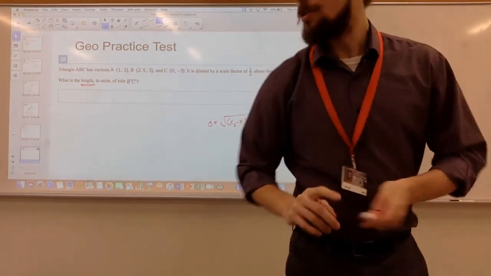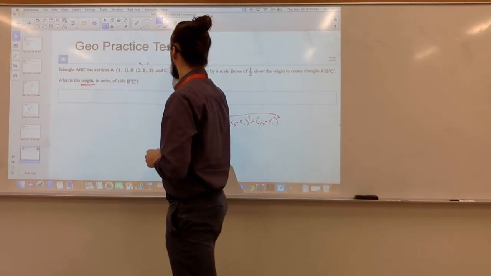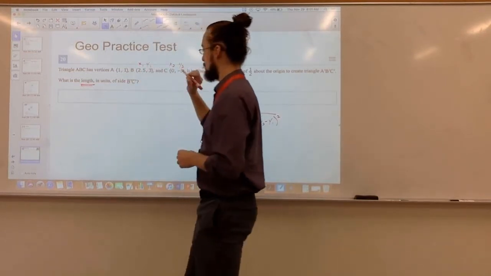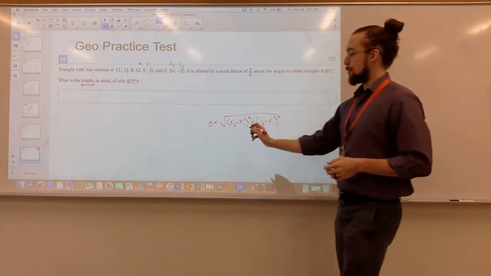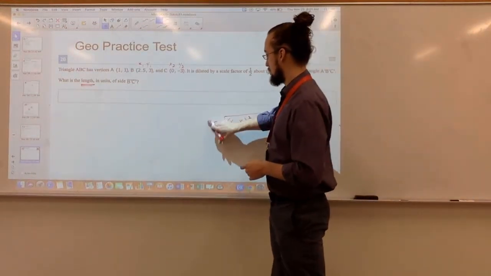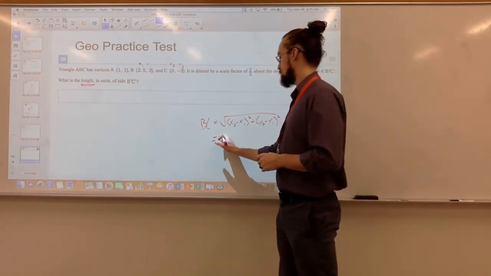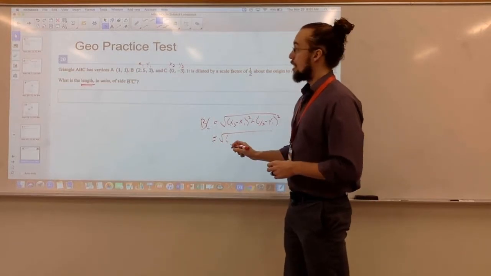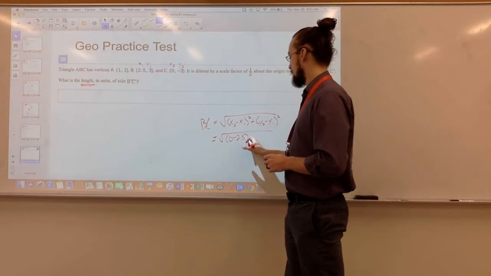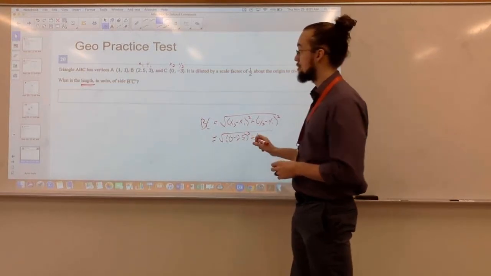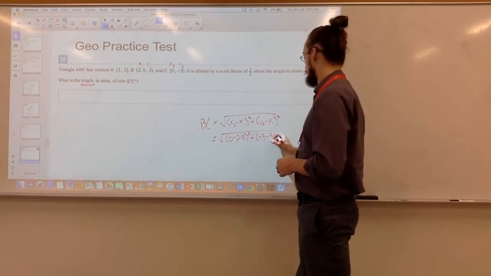Okay. So I can say that this is my x1, y1, x2, y2. And if I want to find the distance between B and C, I just plug these into my formula. And so I guess I'll actually say this is BC. So square root of (0 minus 2.5) squared plus (-3 minus 3) squared.